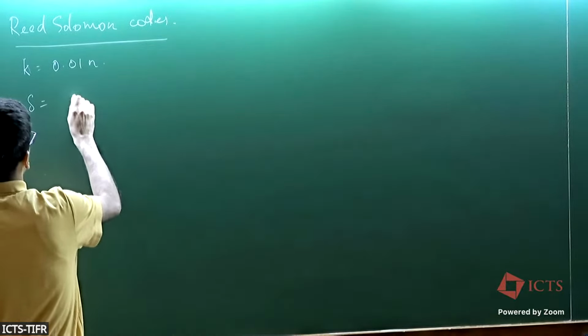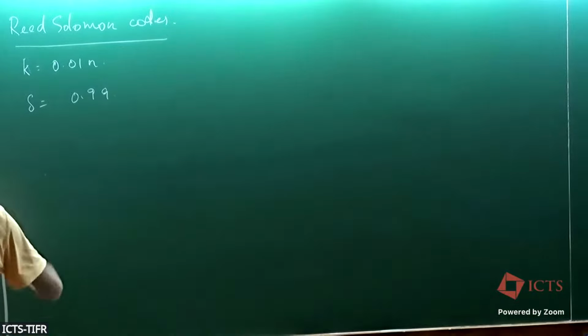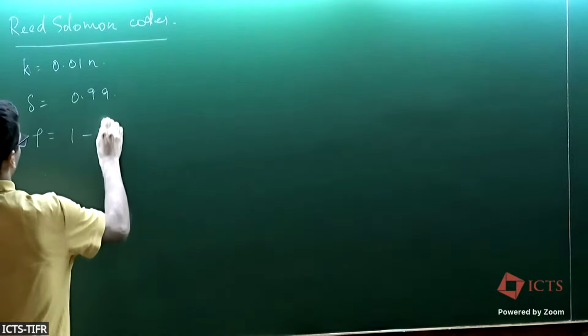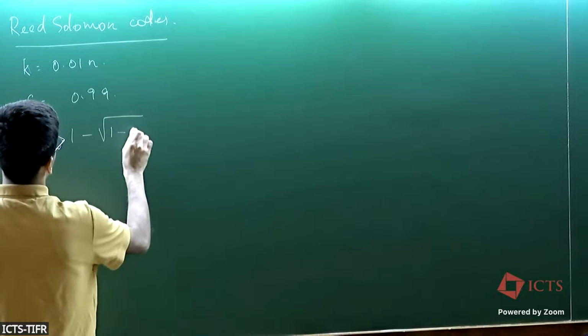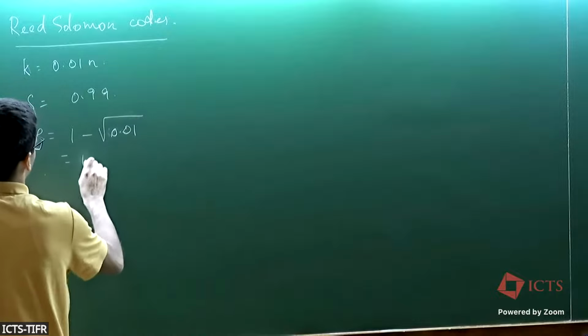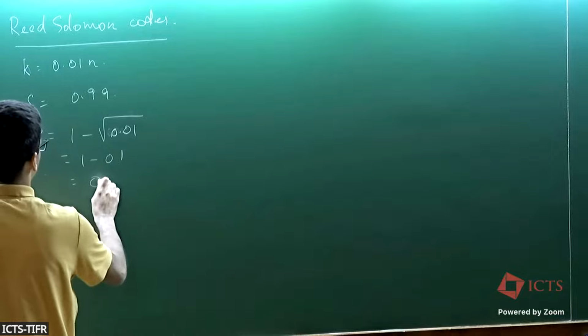It's 0.99. What is rho according to this bound? So rho is 1 minus square root of 0.01, which is 1 minus 0.1, which is 0.9.